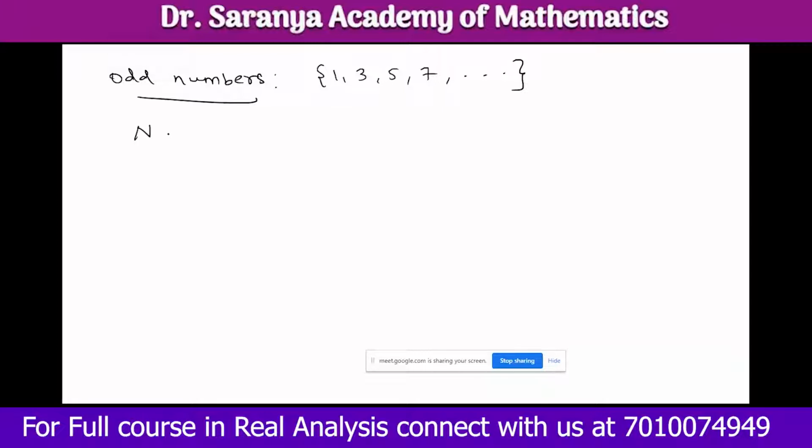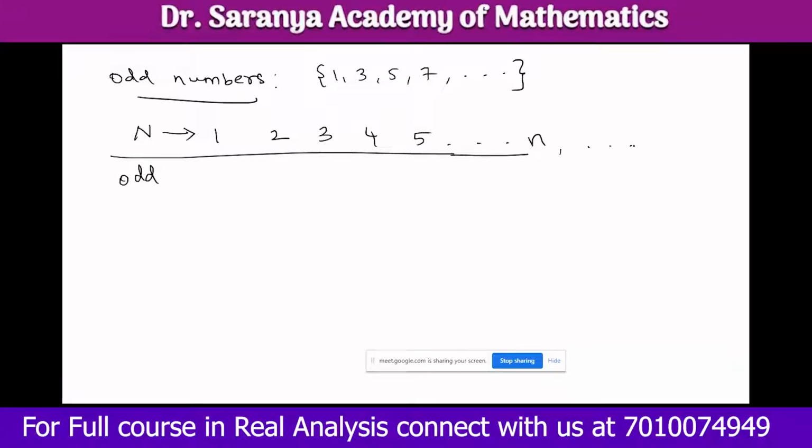This is the natural numbers, this is the odd numbers. Natural numbers: 1, 2, 3, 4, 5, etc., n. Odd numbers: 1 maps to 1, 2 maps to 3, 3 maps to 5, 4 maps to 7, 5 maps to 9, etc. n maps to 2n minus 1. 2n minus 1, correct?